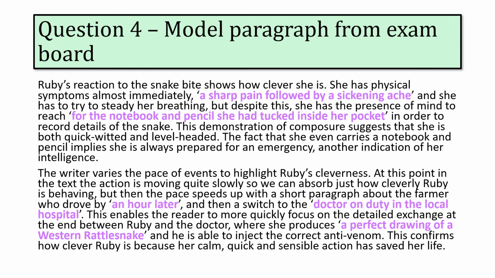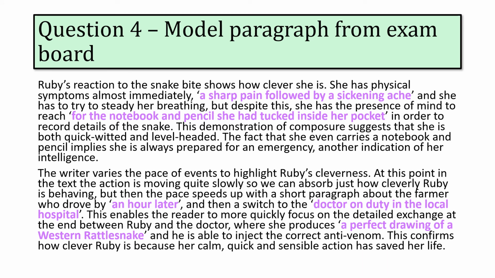I've talked about what these quotations have taught me as a reader. I've not really explained explicitly any language or structural devices, but I have said that this is a demonstration of composure. So I'm talking about the words and phrases used, but I've not exactly said what the techniques are. However, I very much do that in the next paragraph, as you'll see.